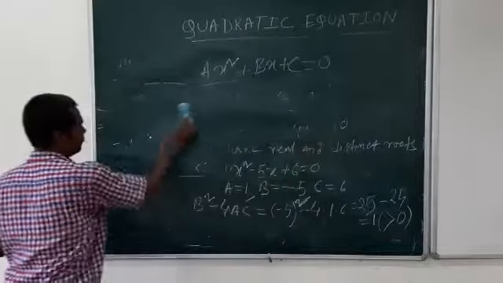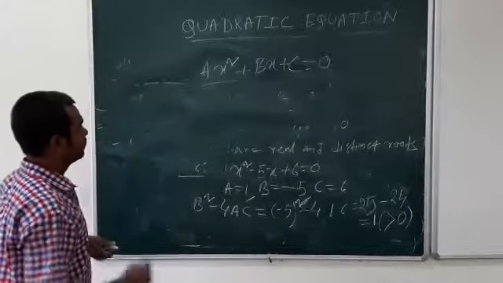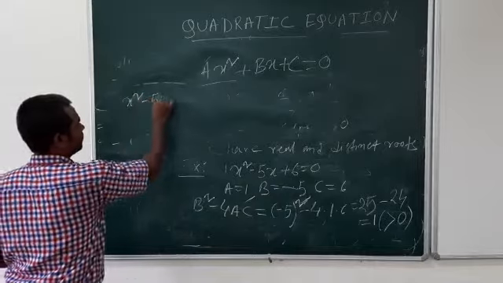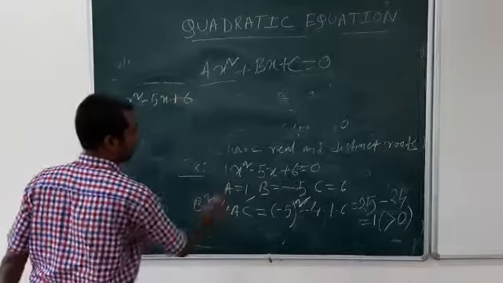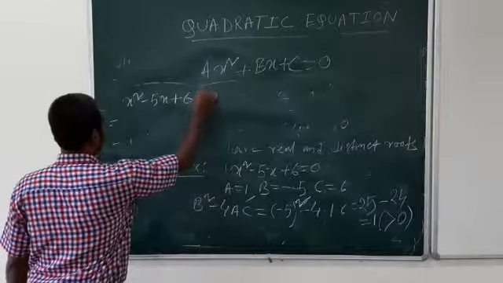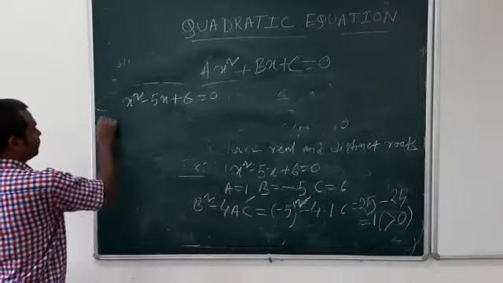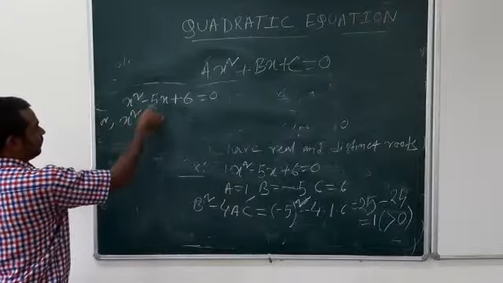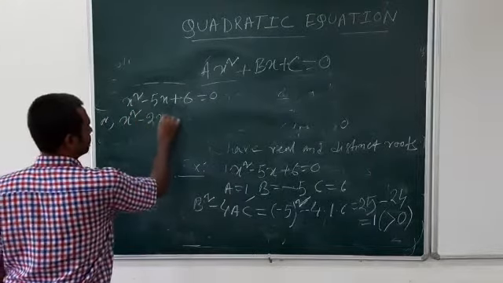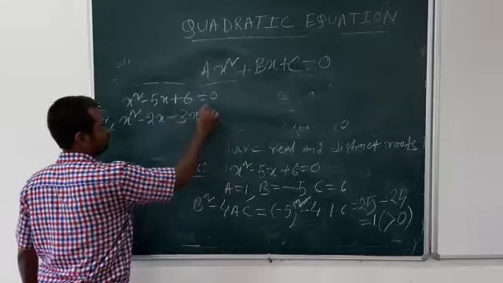Okay. So example, x square minus 5x plus 6. By the factorization method, we can factorize it. Minus 5x is minus 2x minus 3x, plus 6.